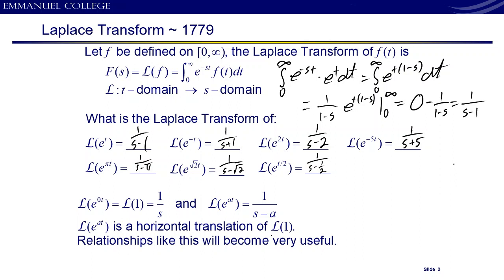We'll use them to lend some other ideas to the Laplace transforms and how we can use them. So that's the first one to tuck away: the Laplace transform of e to the alpha t is 1 over s minus alpha. And it's just like a shift.